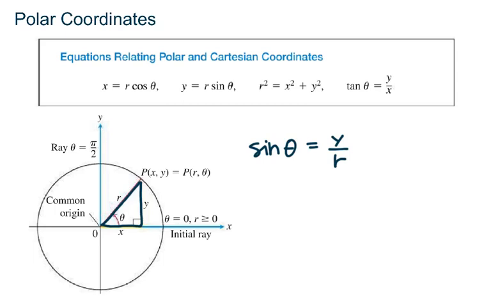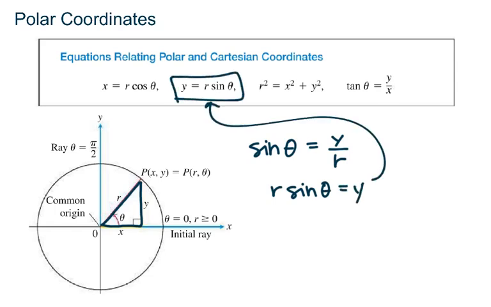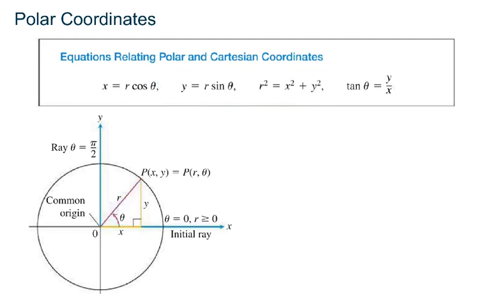And if I rearrange that, multiply by the r, I have r sine theta equals y, which you can see right here in my equation, which relates polar and Cartesian coordinates. And by a very similar argument, we create the x equals r cosine theta equation. Of course, x squared plus y squared equals r squared.